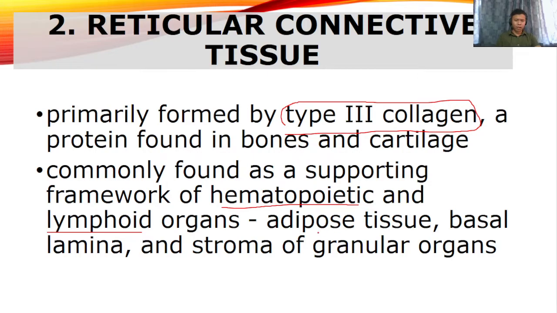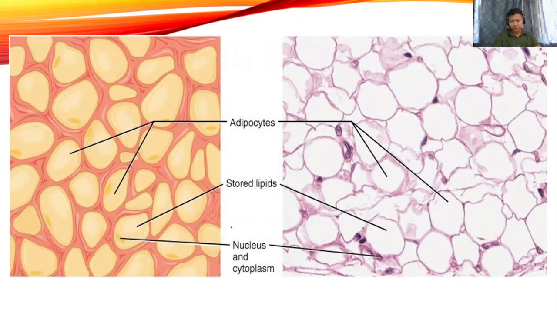We have our adipose tissues here. These are the storage of fat components in our body. Adipose tissue looks like this one. They store fats, adipocytes, lipids.